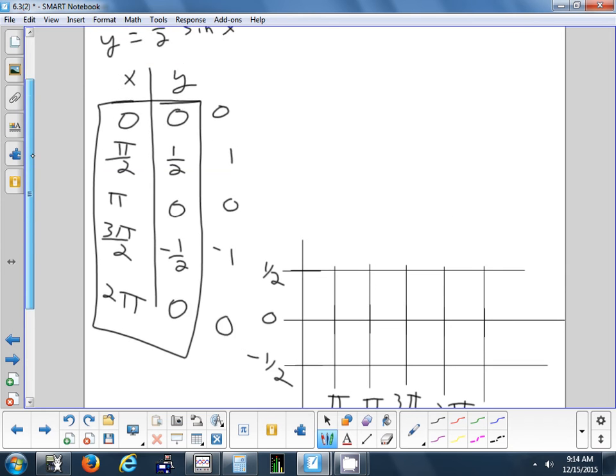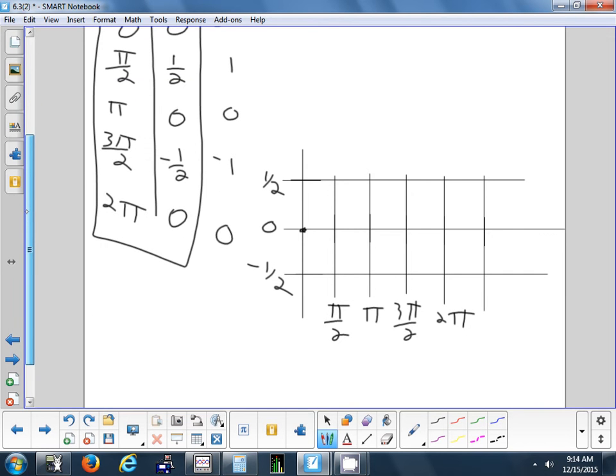All right, and let's make our sketch. So 0, 1/2, 0, negative 1/2, 0. Would this be a louder sound or softer sound? Softer, quieter. Yep. Questions on that?